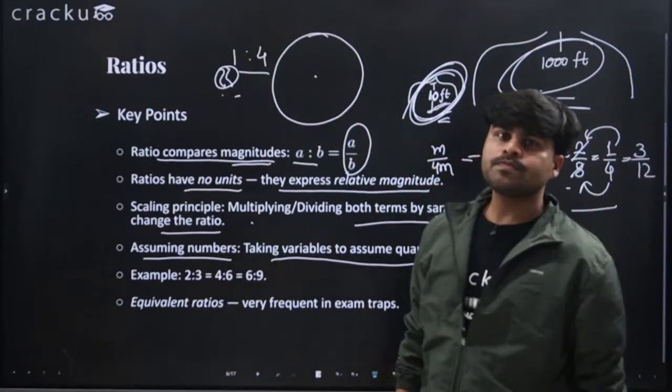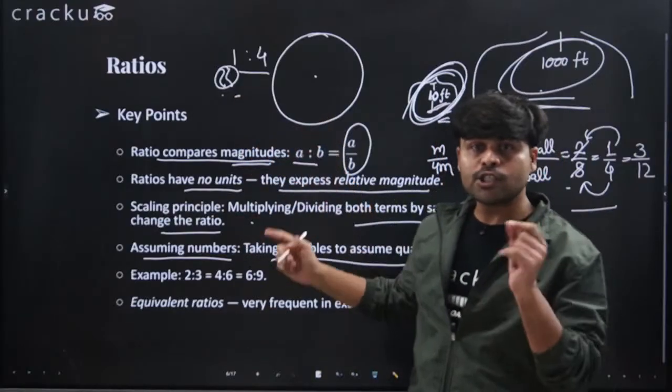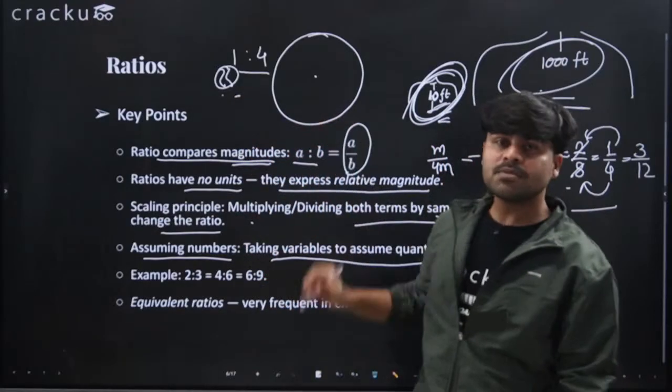Then what are you going to do? You're not going to write that this is 1 centimeter and this is 4 centimeters. No, the ratio between them is 1:4, but the values themselves are not given.